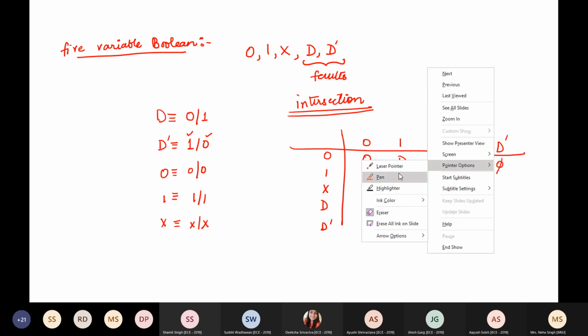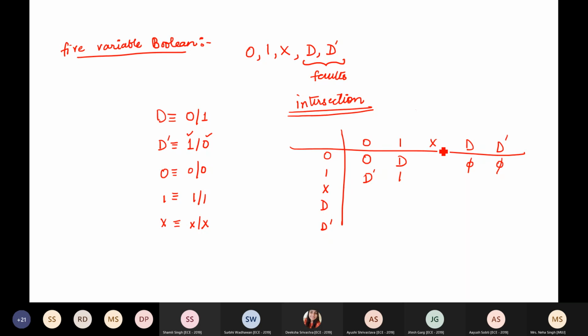Don't care will always preserve the value. So 0 intersection don't care is 0. 1 intersection don't care is 1. 1 intersection D not allowed. 1 intersection D dash not allowed.